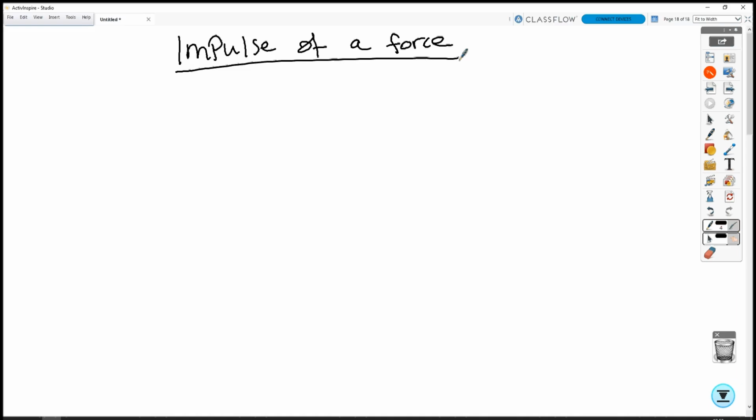Now, when you apply a force, the force might not apply completely instantaneously and stop applying. The force can apply for a certain amount of time, causing a change of momentum. So let's assume we have a lorry and we want to stop this lorry. To stop the lorry, we have to change its momentum and make it 0 from some finite value.